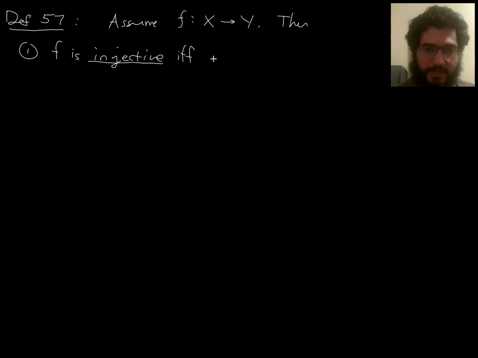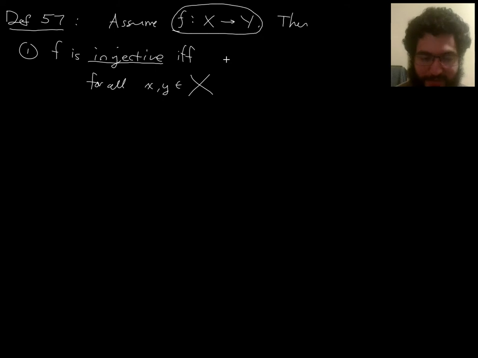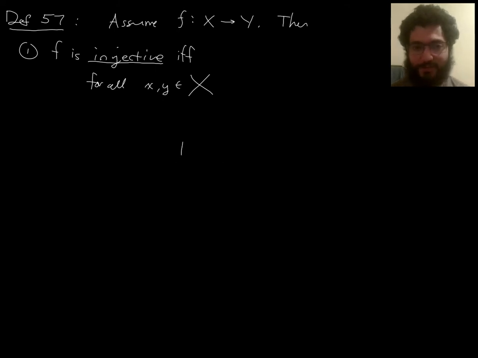We say f is injective if and only if for all x and y in the domain of f, but I actually don't need to say domain of f. I can say big X, since I have introduced this notation, and part of why we write it is that we have a nice short name for the domain of f, so we don't have to write this annoying symbol.